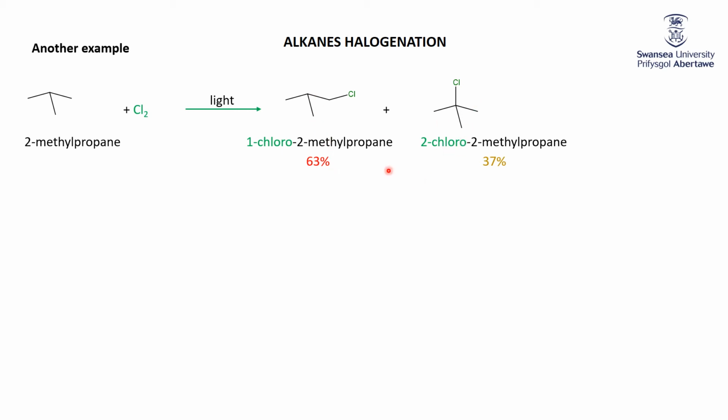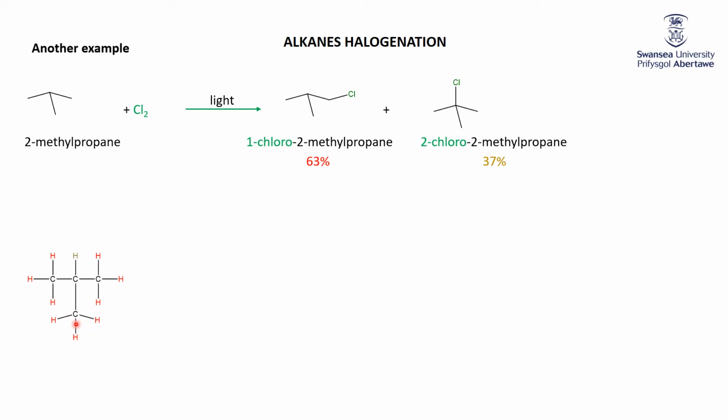Not so fast. Let's have a look at the much more detailed full structural drawing here, because skeletal pictures actually tend to lose an awful lot of the stuff. So here is our 2-methylpropane. There are 3 carbon atoms with the methyl group coming off here at the 2 position.